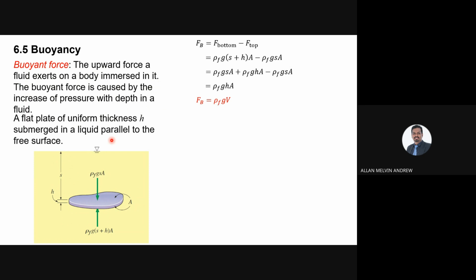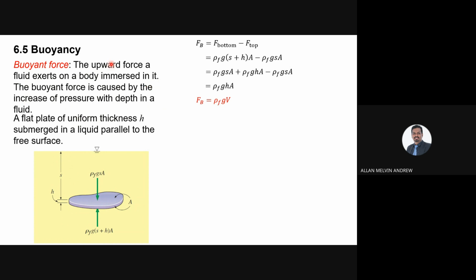Sometimes when you jump, let's say you like swimming, you like diving. When you dive, after some time you can come back to the surface, because when you enter inside, the buoyant force from below will push you upward.